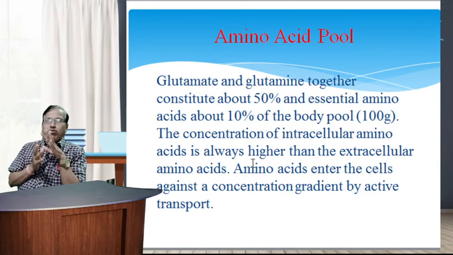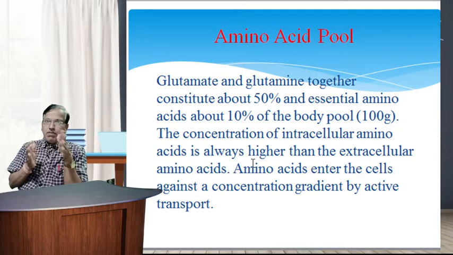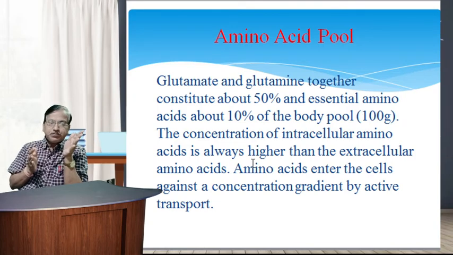Glutamate and glutamine together constitute about 50% and essential amino acids about 10% of the body pool. The concentration of intracellular amino acids is always higher than the extracellular amino acids. Amino acids enter the cells against a concentration gradient by active transport.